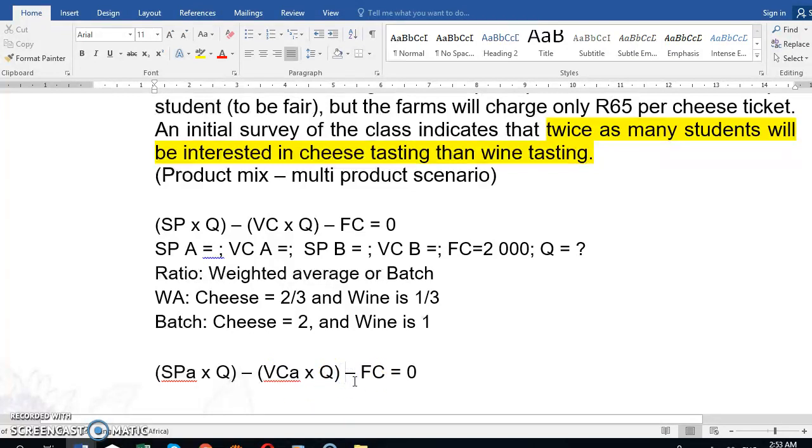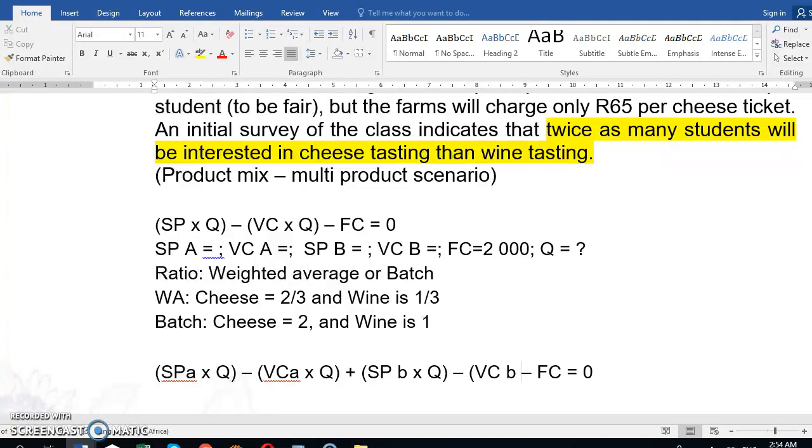Then, because we have 2 products, we're also going to add the selling price of B times the quantity minus the variable cost of B times the quantity.